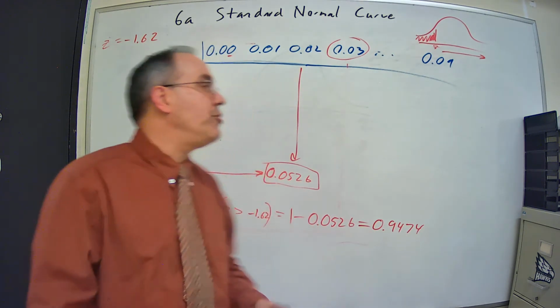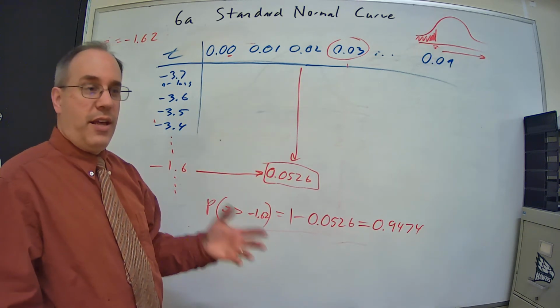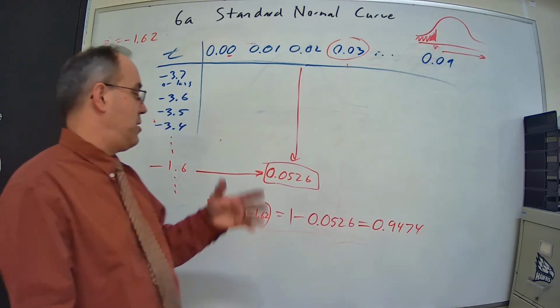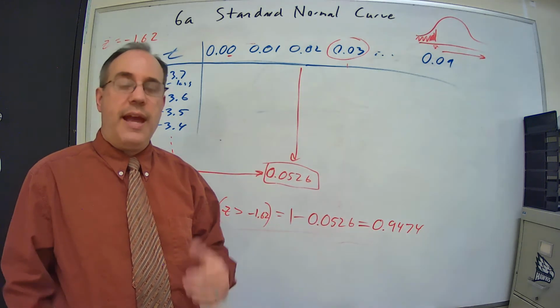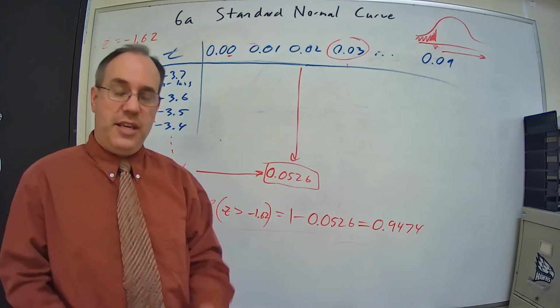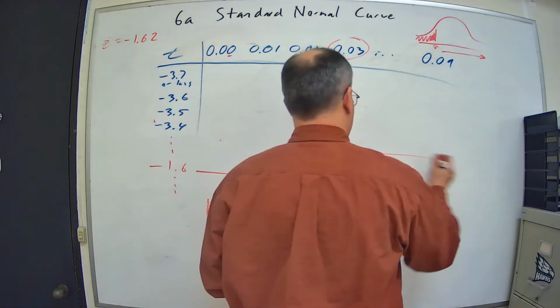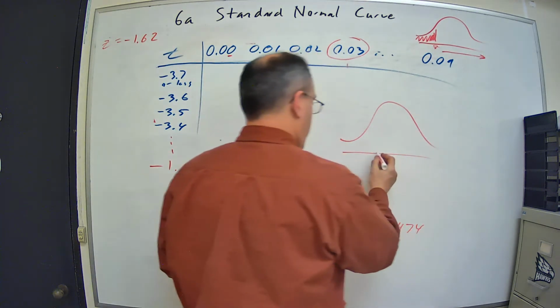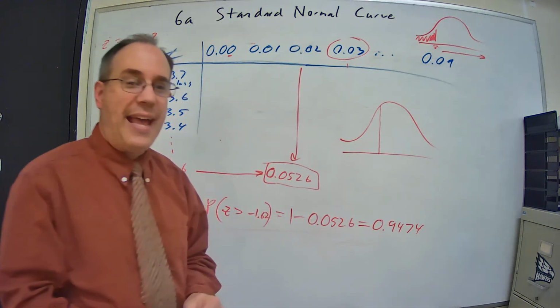I cannot use this table to determine the probability that z is equal to negative 1. And the reason I can't do that is because if I have z equal to an exact value, then I'm going to get a line.